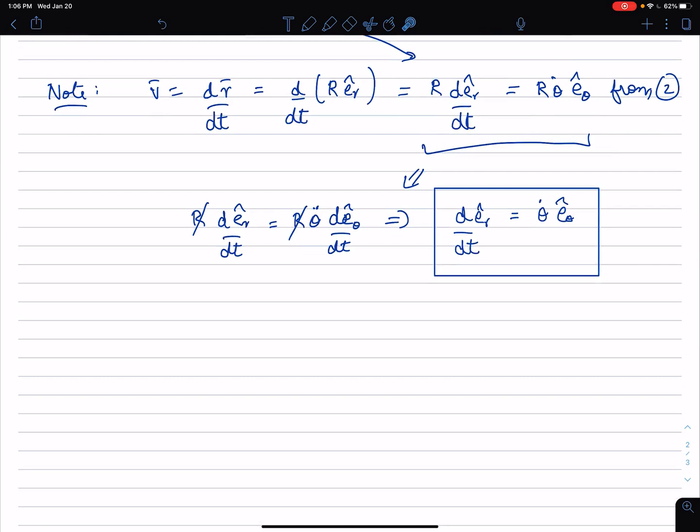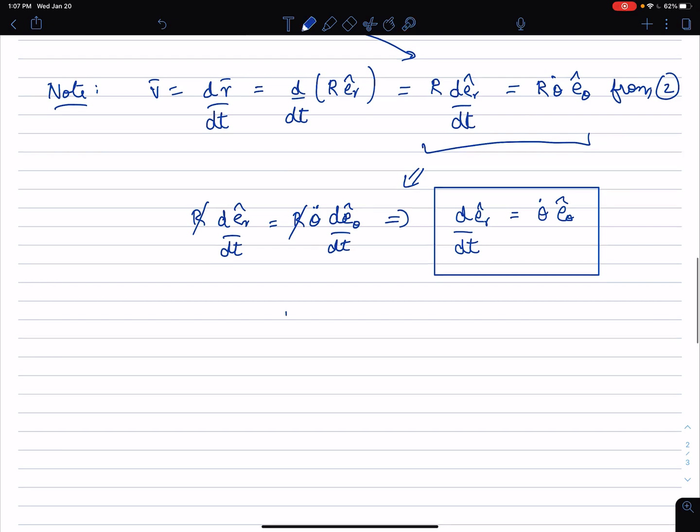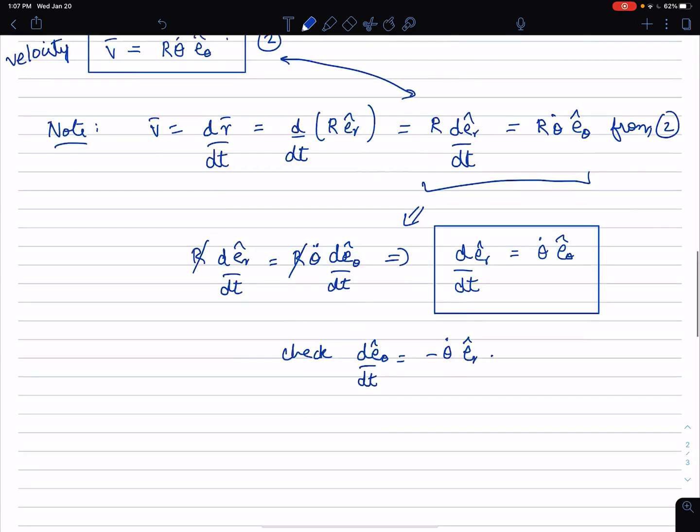So here's an example where the rate of change of a unit vector is not equal to 0. You can check d e theta by dt equals minus theta dot e r.